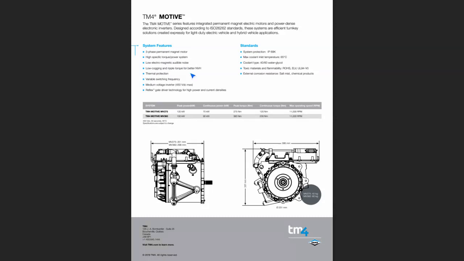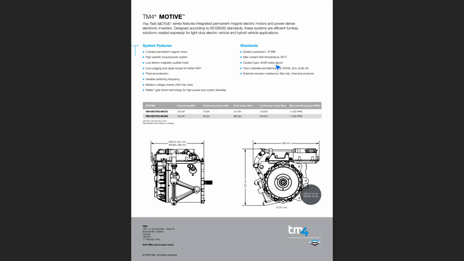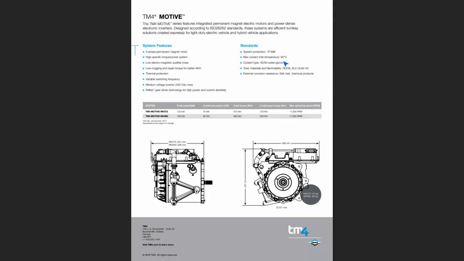Low cogging and ripple torque, thermal protection. Their voltage is 450 DC link. Maybe you can use this value in your midterm project. It's your choice. Cooling type, water glycol. Also IP69. Also inlet temperature 65 degrees centigrade.